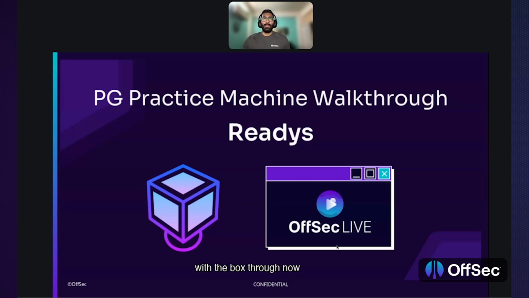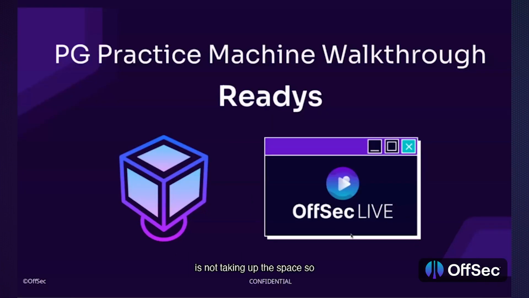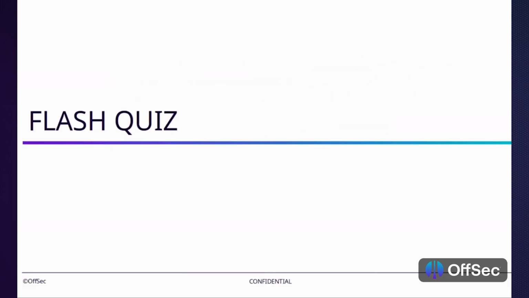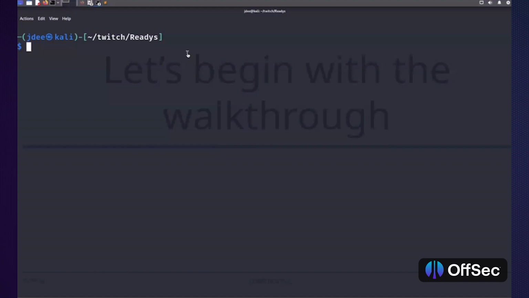Now I'm gonna be shutting down my video so that you guys can see the full screen, and my video is not taking up the space. So there I go. Let's begin.